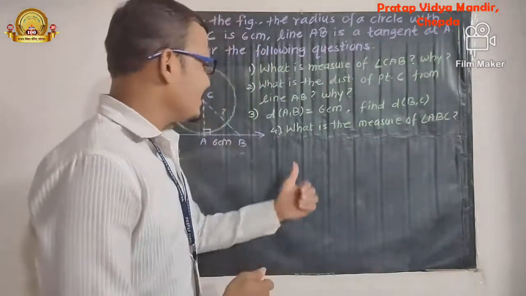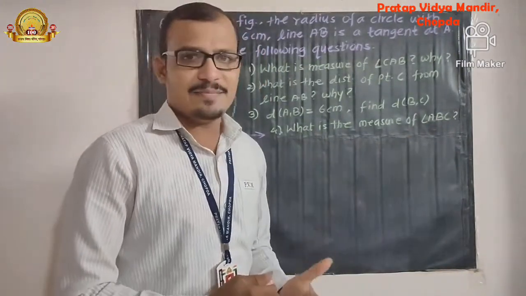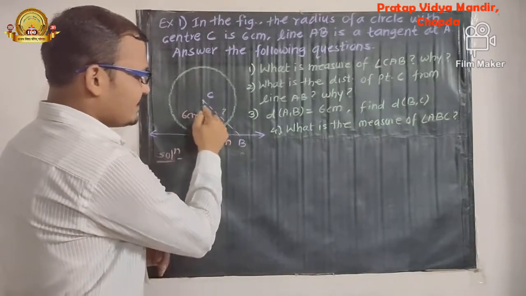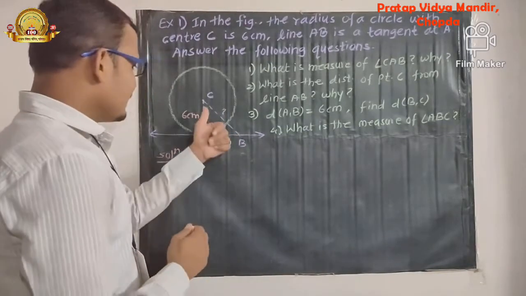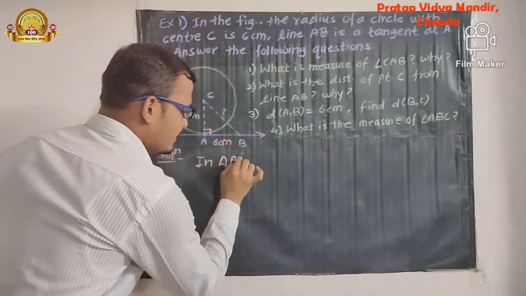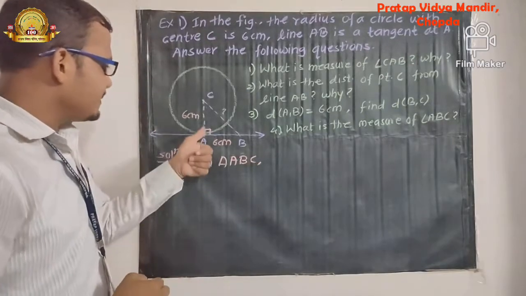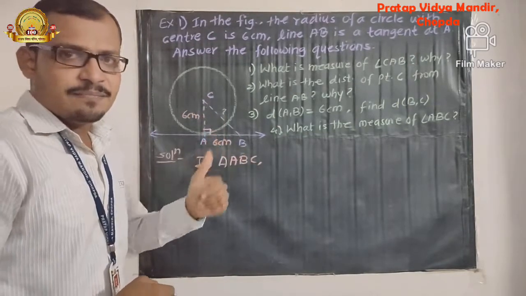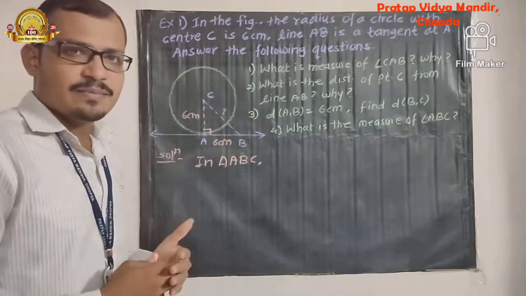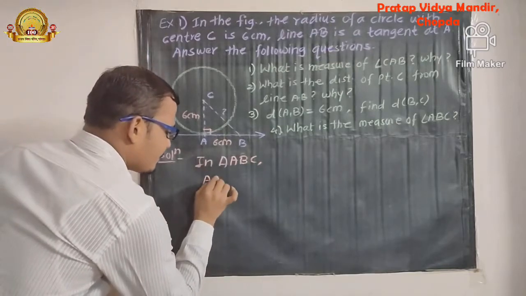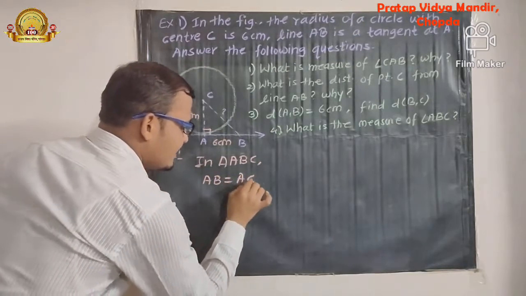Fourth and last question is, what is the measure of angle ABC? It means that here we have to find the measure of this angle ABC. Friends, in triangle ABC, we know that AB is equal to AC. Why? Because both are of equal measure, that is 6 centimeters.